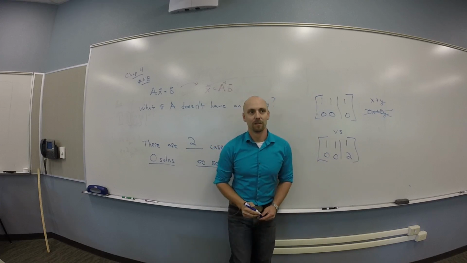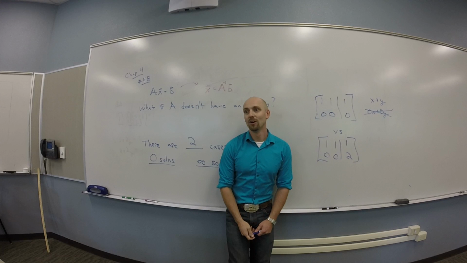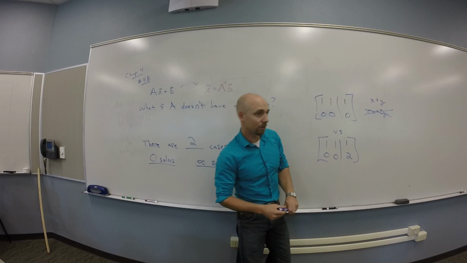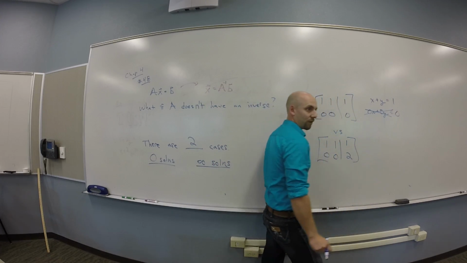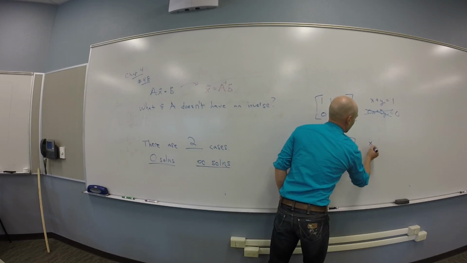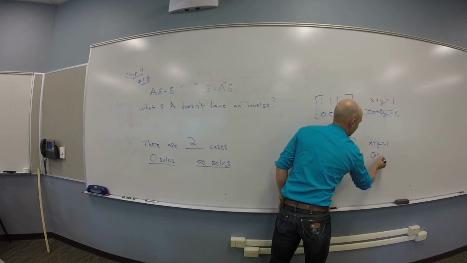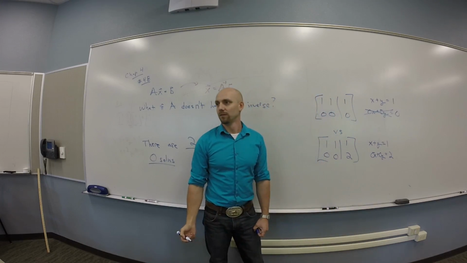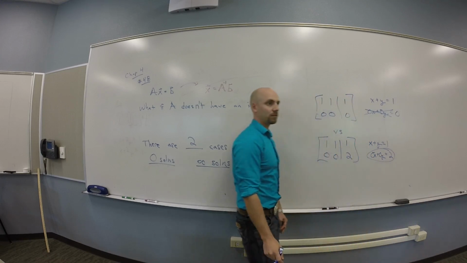These two equations have the same left-hand side, but the equations in this one contain the same information: x plus y is 1 and 0x plus 0y is 0. And in the other, they're x plus y is 1 and 0x plus 0y is 2. And that doesn't make sense at all.